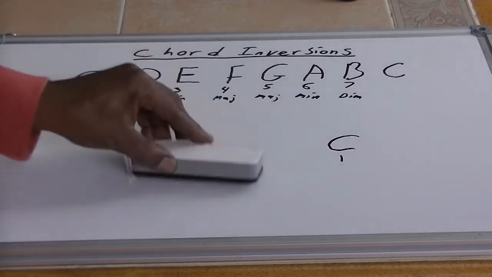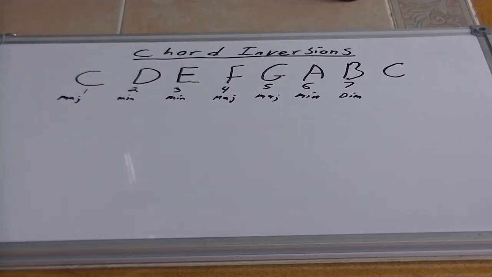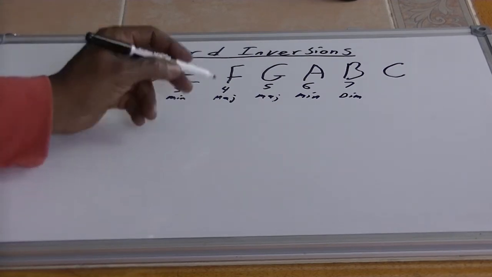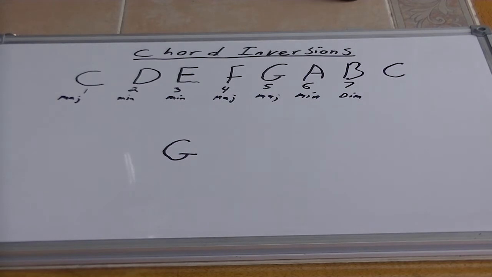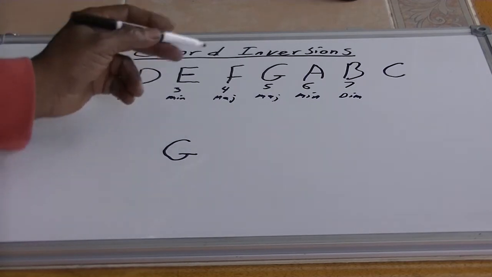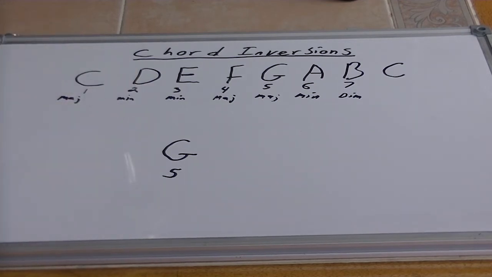And what if we wanted to start our chord on the note G? Okay, so let's say we decide to make G the lowest note of a chord. So now G, that's the 5th note of the scale, so that's represented with the number 5. And then we're going to do the same thing that we did with the other chords.